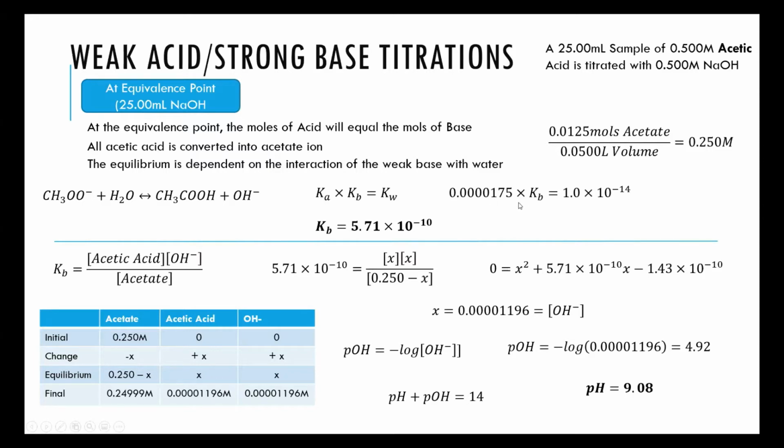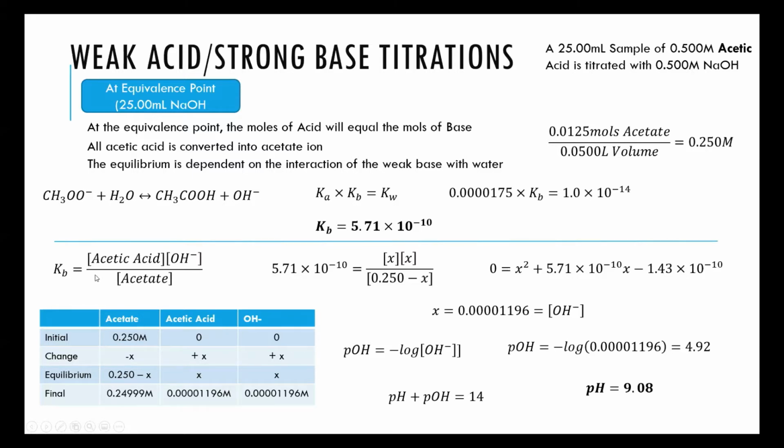So if you know the Ka, the equilibrium of the acid turning into the base, you can solve for the Kb, which is the base turning back into the acid. And using this Kb, you can solve for the new moles of the acetate and acetic acid.